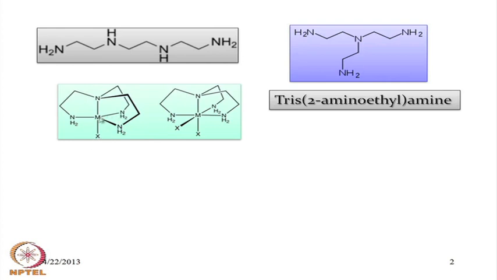So, it has a different geometry compared to the corresponding TACN copper Cl2 compound, since we are occupying this tertiary nitrogen, and this tertiary nitrogen can show some long metal-nitrogen bond. The overall geometry of this system is trigonal bipyramidal. The basal trigonal plane is formed from 3 NH2 groups.